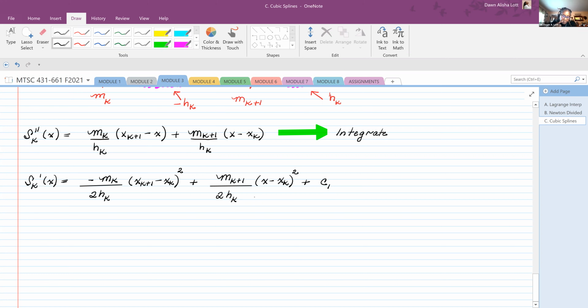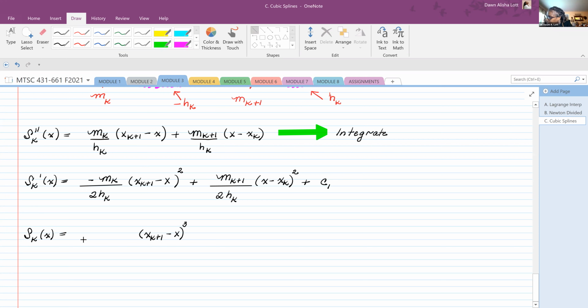Okay, let's do it again. When I do it again, I now get S_k of x. So now I'm going to get (x_{k+1} minus x), this should have been an x, not an x_k, cubed.